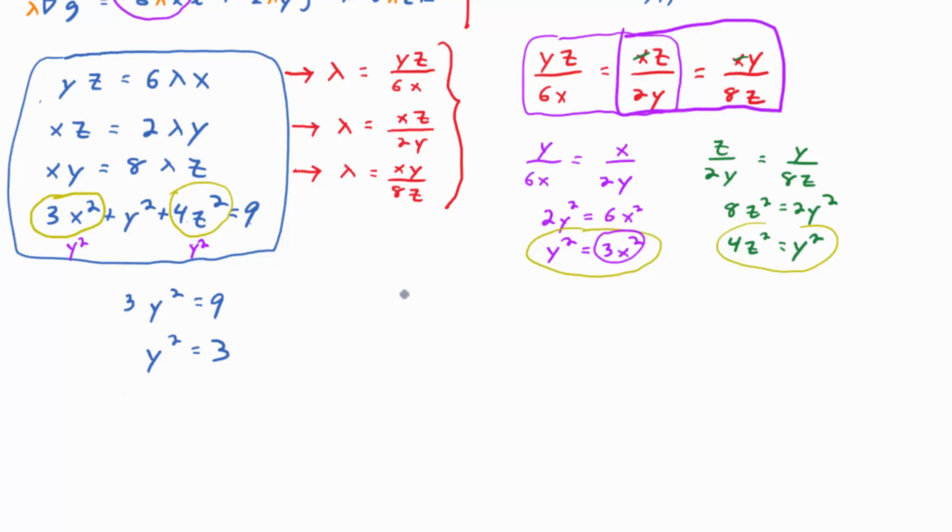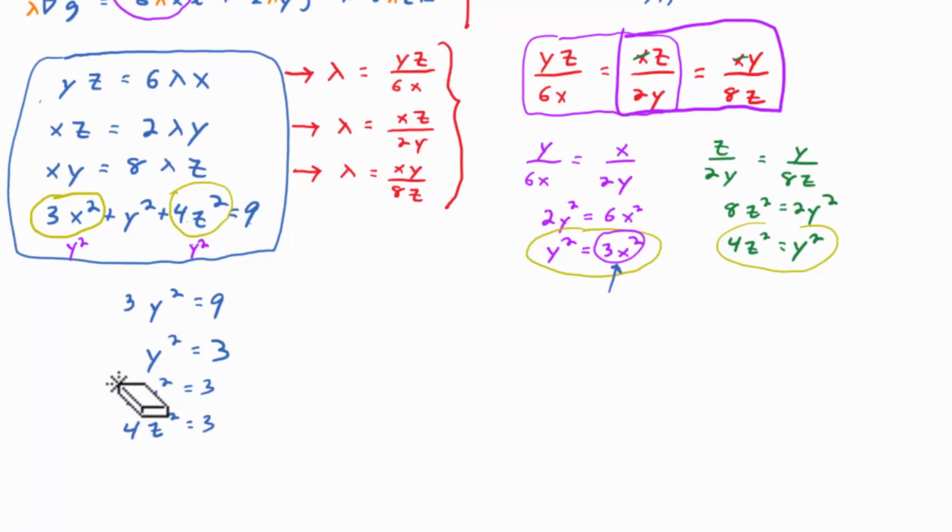Well, 3x squared equals y squared. So 3x squared would equal 3, right? Does everybody see that from replacing y squared with that guy? And then what else? 4z squared equals 3 as well, right?